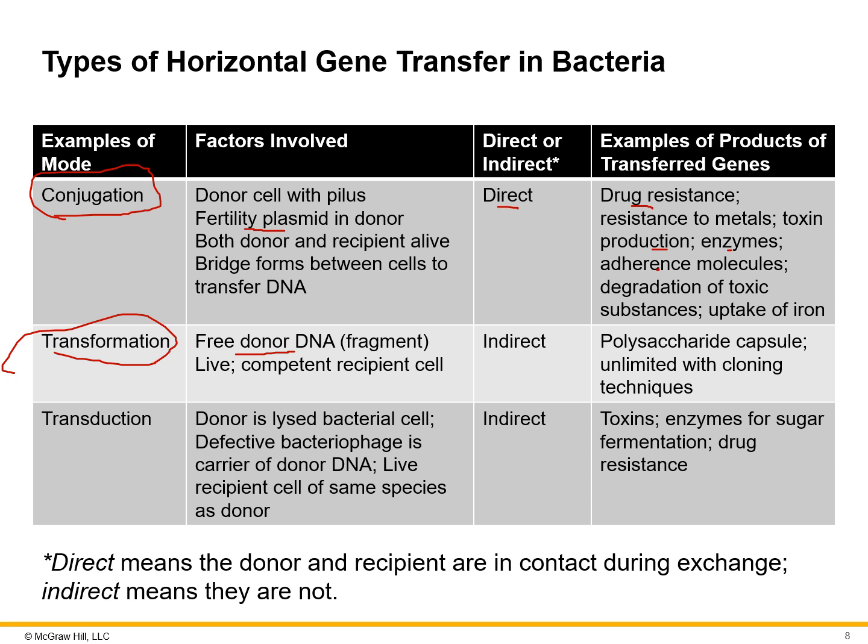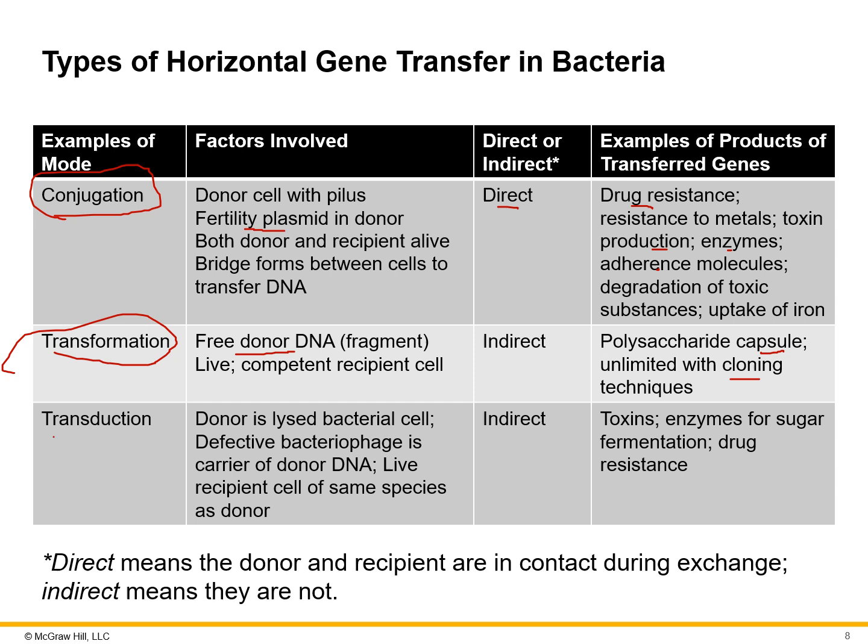Again, not all cells can do that, but some of them can. They can bring in different genes that help do things like make a capsule. It also helps us in the lab to make different cloning techniques and for research.